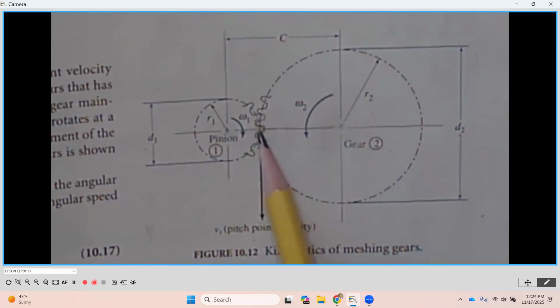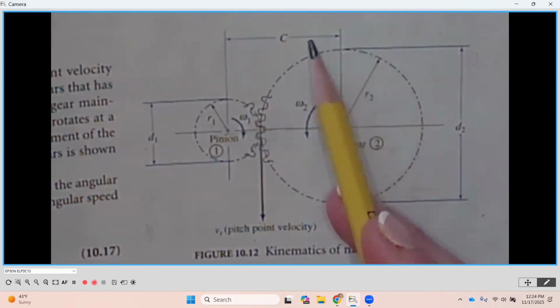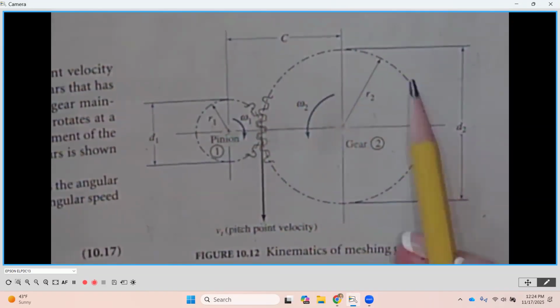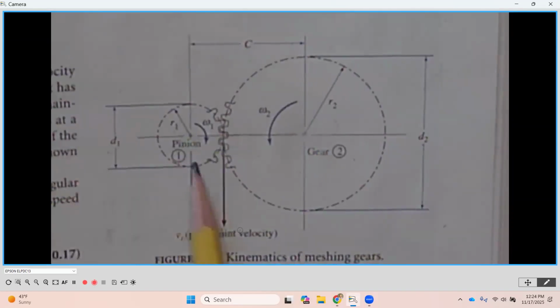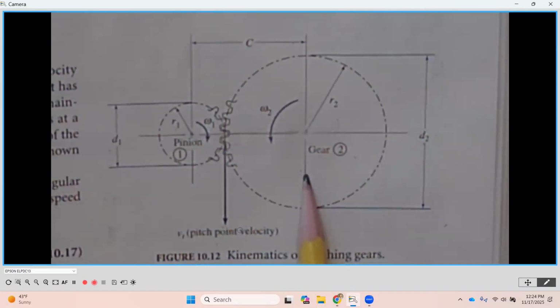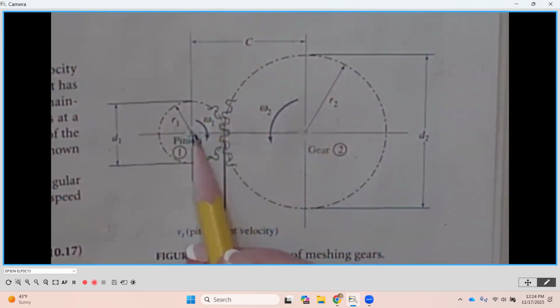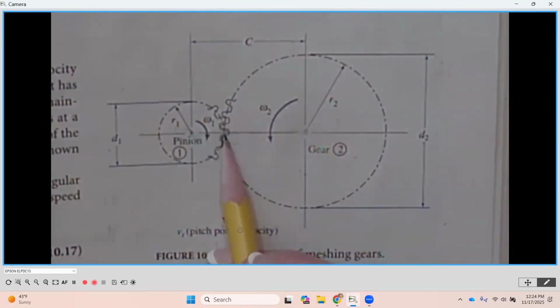So the teeth are going to overlap, and you're going to notice that we have this center line diameter for each one of the gears, for the pinion, the smaller one, and the gear, the larger one. And that pitch diameter, lowercase d as it's called, is where, if we position these appropriately on center, we would look here and notice that those two diameters are tangent to one another.